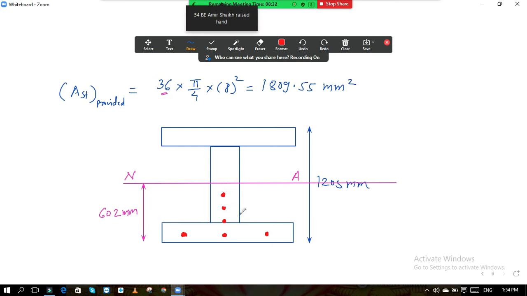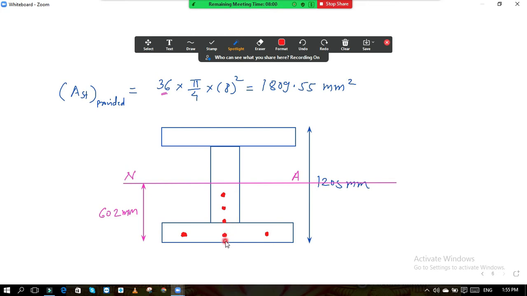If we provide the spacing of 60 mm, okay, this is 60 plus 60, 120, 120 plus 60, 180, plus 60, 240. So if we provide the space 120 between the two vertical bars, the distance between these two is 120, plus this is also 120, 240, plus this is also 120, 360.